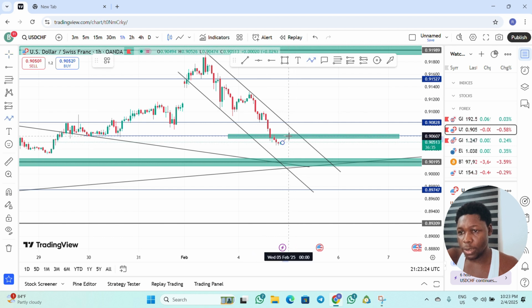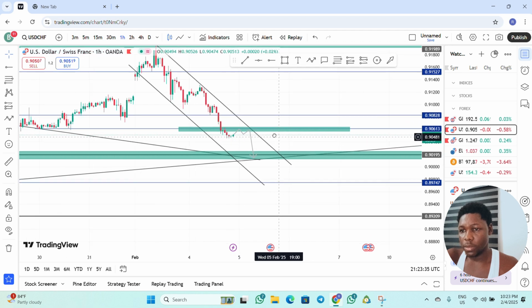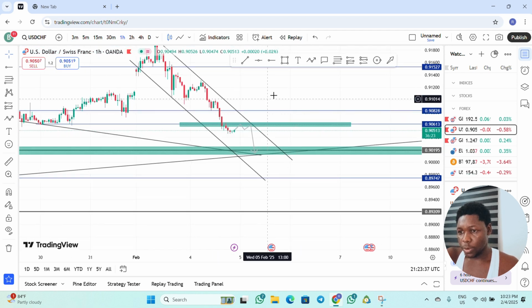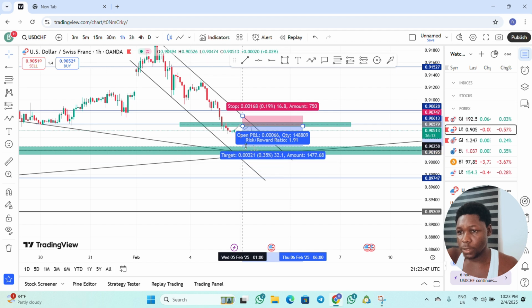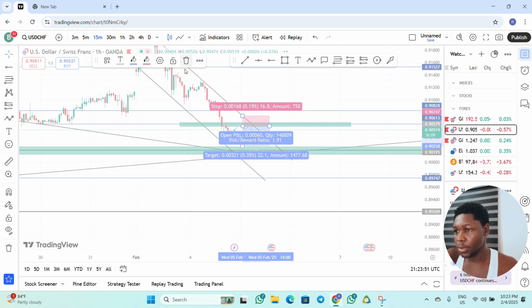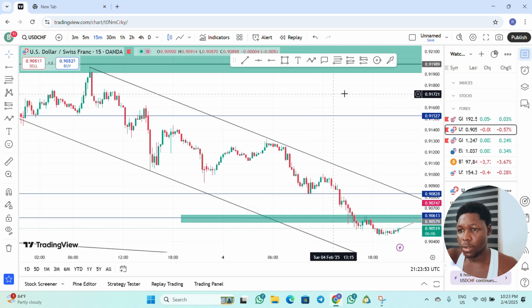If the market comes back up here, it can actually move downward if you want to get a fast entry. So for a fast sell, we'll be looking at this first. If you want to take a trade, we'll be looking at this, and then our TP should be here. I should be doing that in the lower time frame, which is 15 minutes actually.